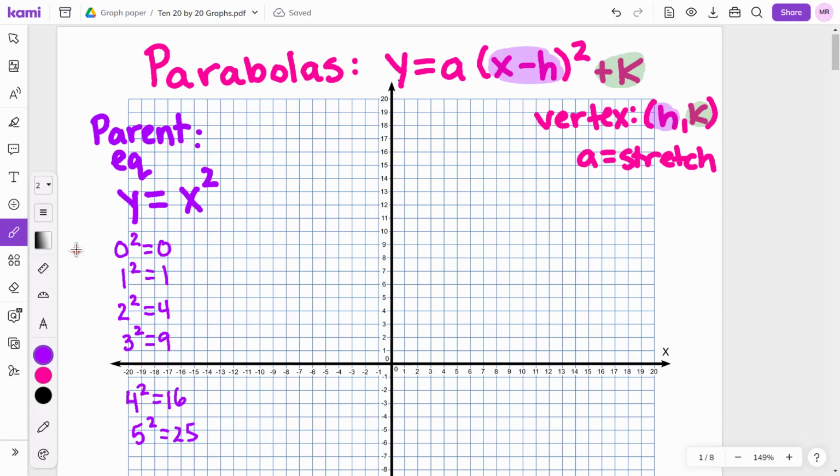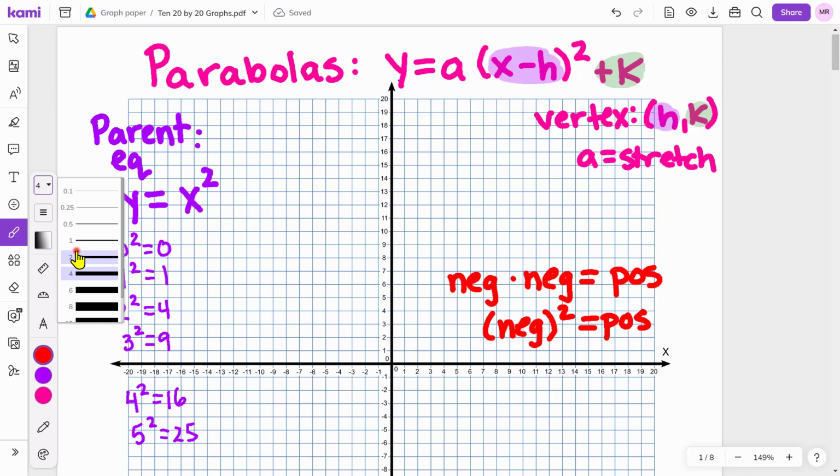Now, when I square a negative number, what you need to remember is that a negative times a negative is equal to a positive number. So what does that mean? When I take a negative number and I square it, I am going to get a positive answer.